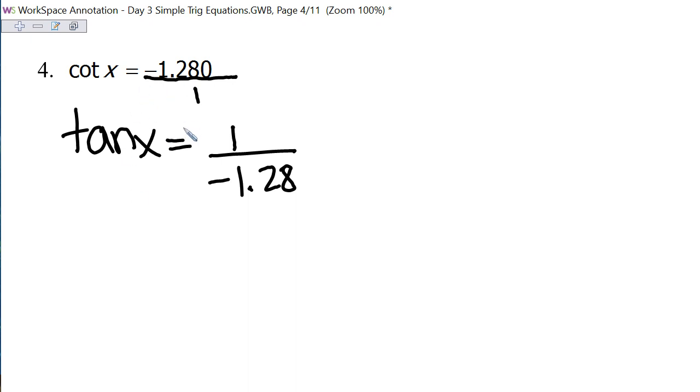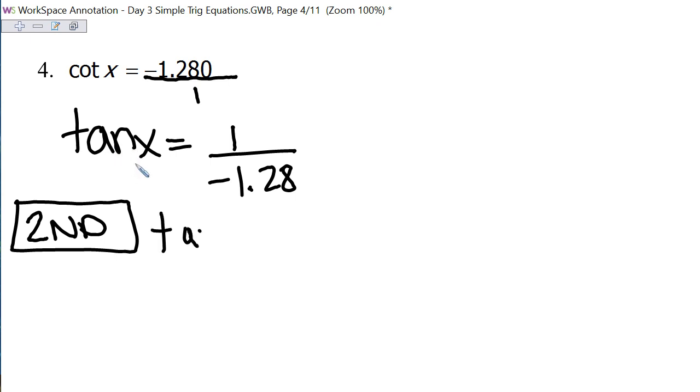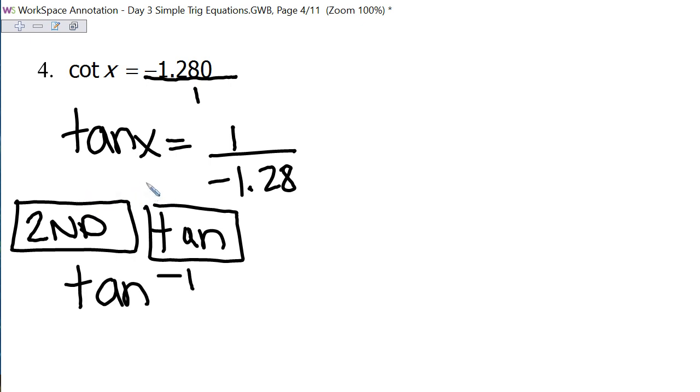So this is the arctan value. So in the calculator you'll have to do second, and then tangent. And once you do that, your calculator will show tangent to the negative 1. And then inside the parentheses, you need to do 1 divided by negative 1.28.